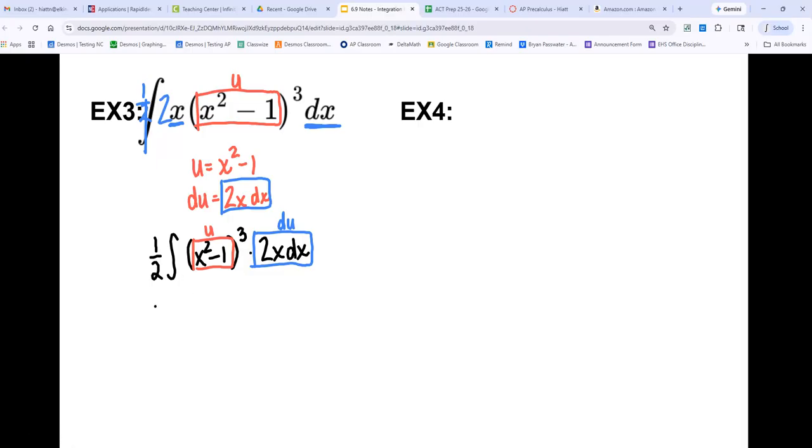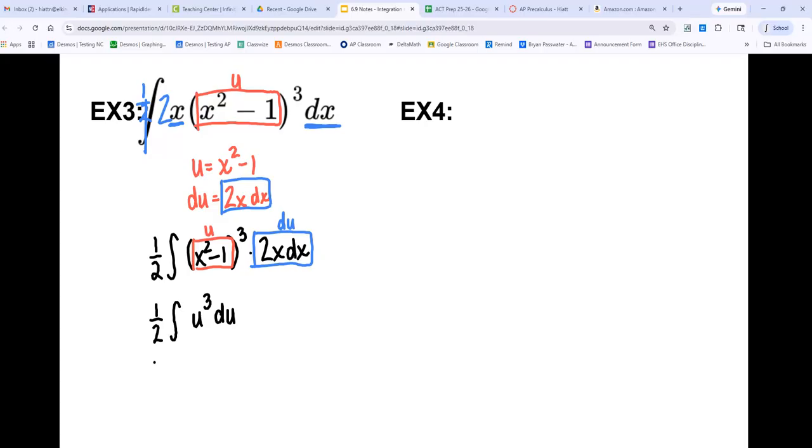And so I've got 1/2 the integral of u to the 3rd du. Everybody good so far?